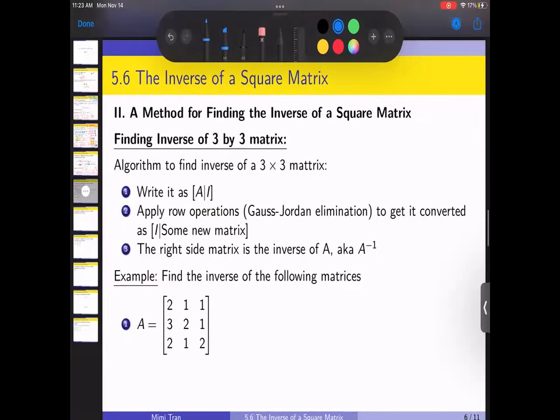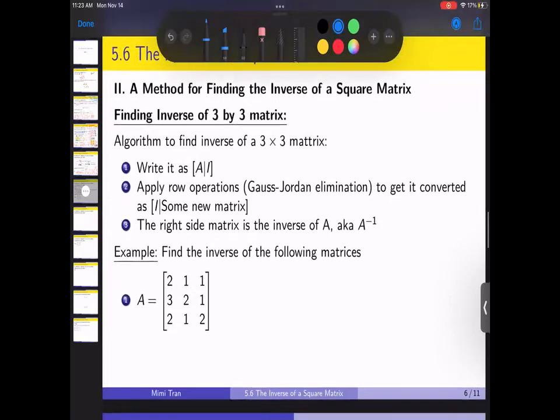First, given a matrix A, you write A, then a vertical line, and on the right side of the vertical line will be an identity matrix. For example, the left-hand side will be matrix A. So we write 2, 1, 1, 3, 2, 1, 2, 1, 2. And then the vertical line.